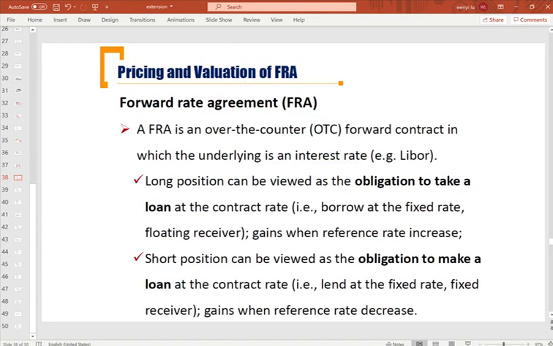If you take a short position in the FRA, you will lend the money in the future, so you are the lender, and you will charge the interest rate specified in the contract. For the gains, we will talk about them later, in the next video, in more detail.